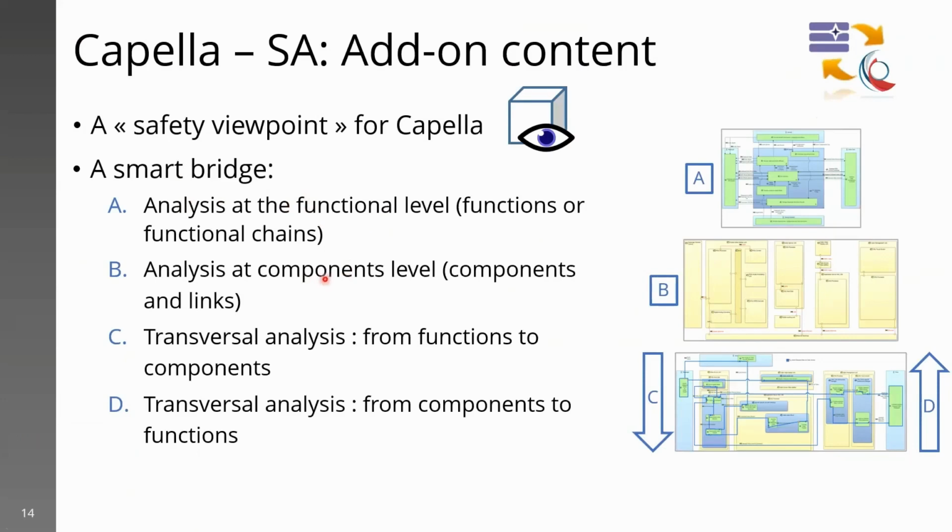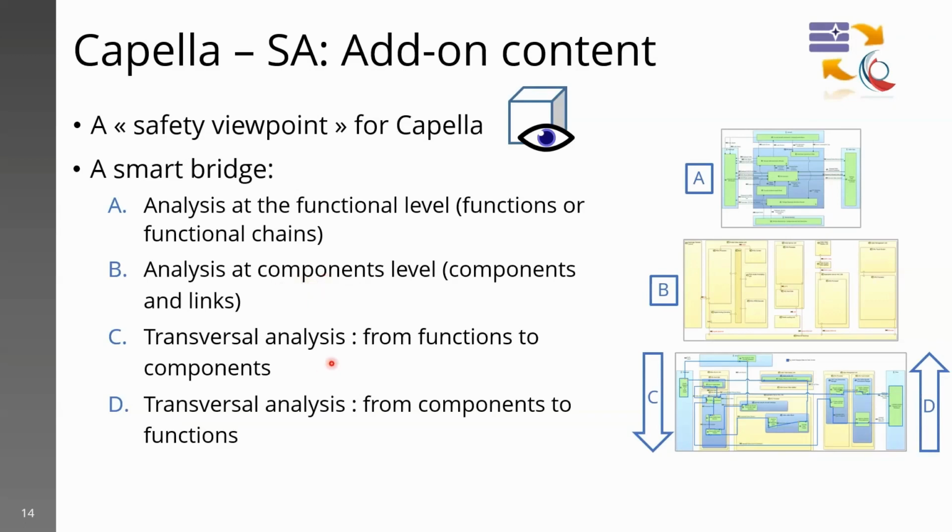If you select components, all the related components items will automatically be selected by the scope. The goal is to support the user, to be sure that the user will not forget information when he switches from Capella to Safety Architect.